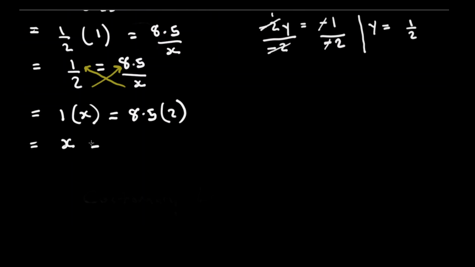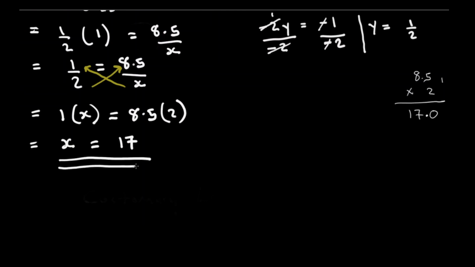So x is equal to 8.5 times 2. 2 times 5 it's 10, we carry 1. 2 times 8, 16 plus 1, it's 17 with 1 decimal place. So it means that x is equal to 17. That will be our answer.